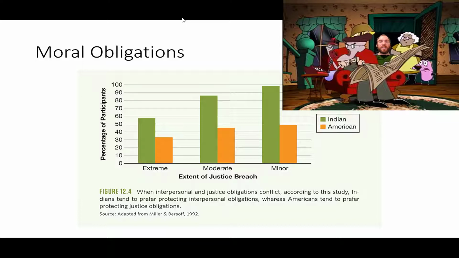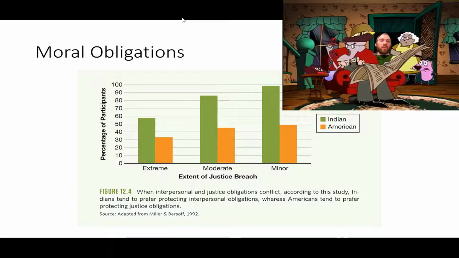This suggests that Indians are more likely to consider interpersonal obligations as moral obligations. Even within one country, there can be much variability in moral reasoning. Within each country, while there's a general pattern tending towards certain ways of thinking, there are also many people who would arrive at different solutions to the same moral dilemmas.